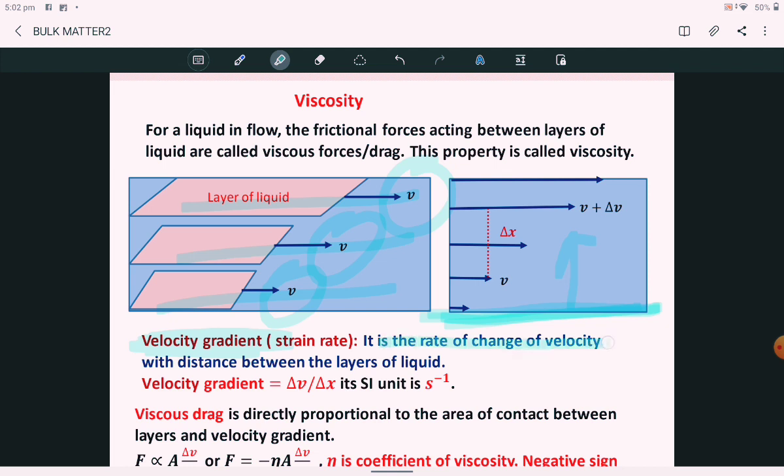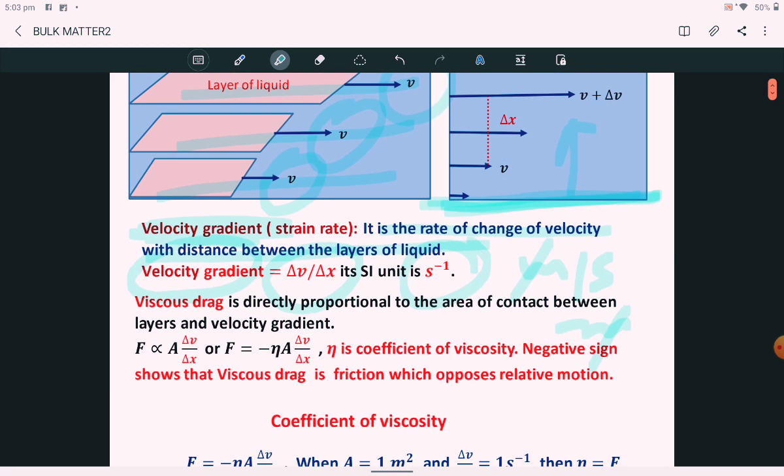So the rate of change of velocity with the distance between the layers of the liquid is known as velocity gradient. And of course, if you put the unit of velocity and the displacement over here, you will find that the velocity unit is meter per second in SI system, and the displacement is only meter. So meter will cancel out, and overall you will get second inverse.